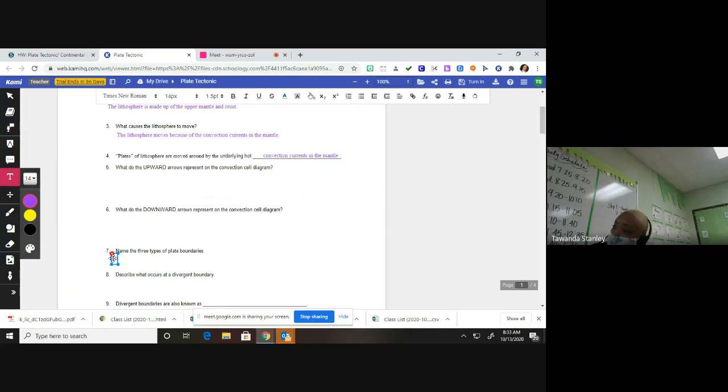Number 7, name the three types of plate boundaries. The three types of plate boundaries are transform boundary, divergent boundary, and convergent.